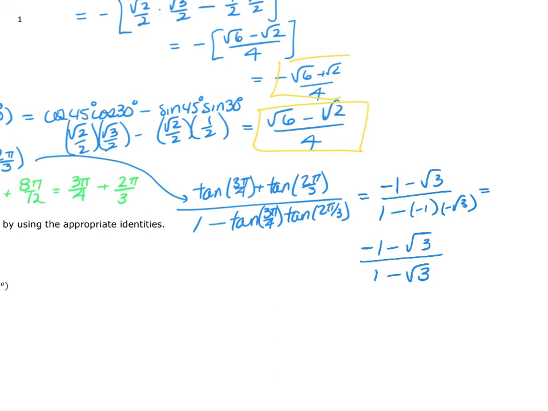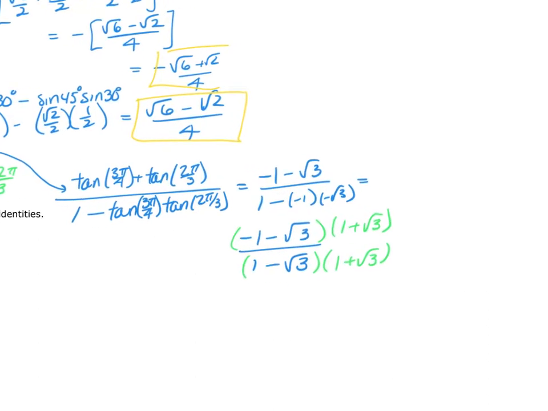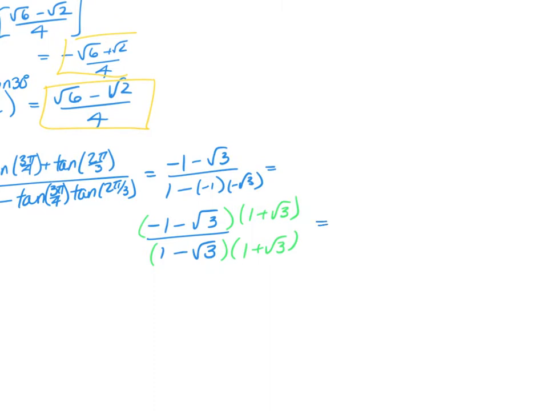If you want to rationalize, which I don't care if you do or not, you would multiply by 1 plus the square root of 3 to rationalize the denominator. I'm just going to go through that so you can see what it looks like. In the denominator, because it's a difference of squares, I get 1 minus 3. In the numerator, when I distribute it through, I get -1, minus the square root of 3, then a negative square root of 3, and then minus 3.